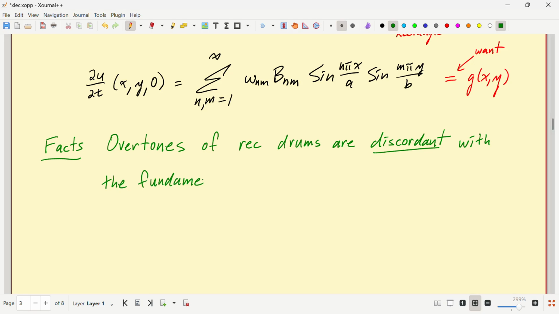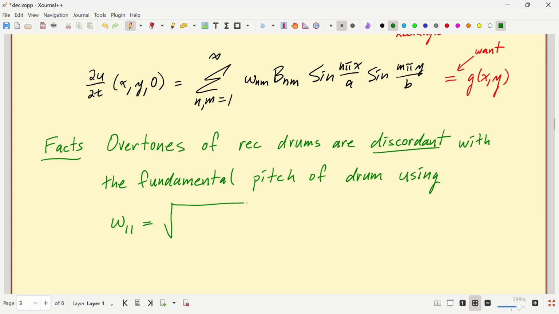The fundamental pitch of the drum is omega 1,1, which equals the square root of 1 times pi over a squared plus 1 times pi over b squared.